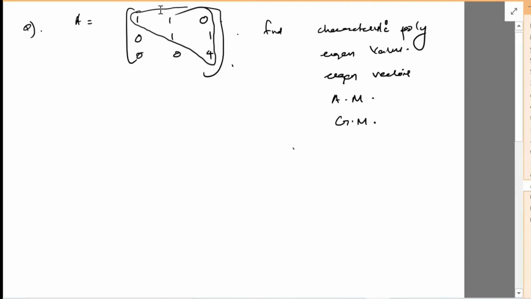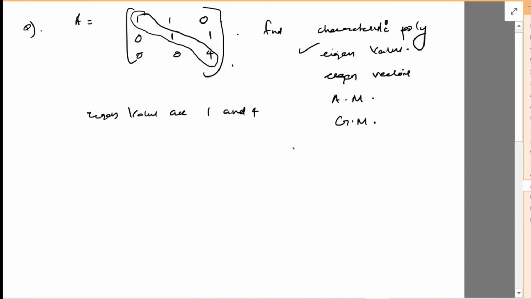What are the diagonal entries? Diagonal entries are 1 and 4. So the eigenvalues are 1 and 4.